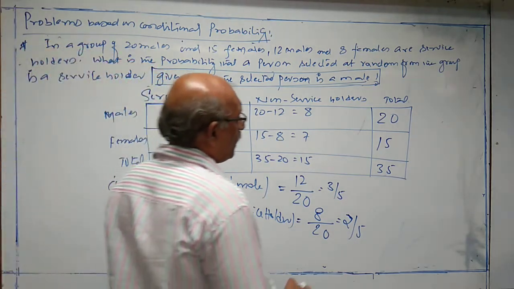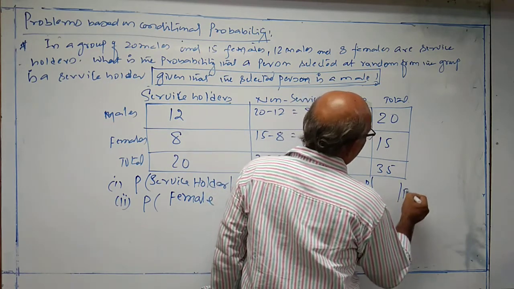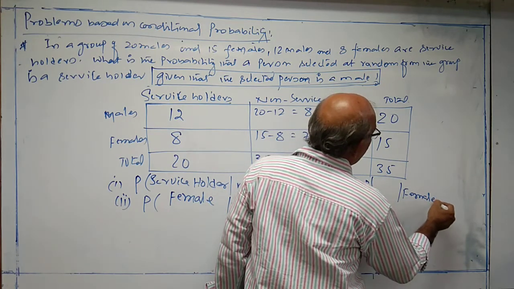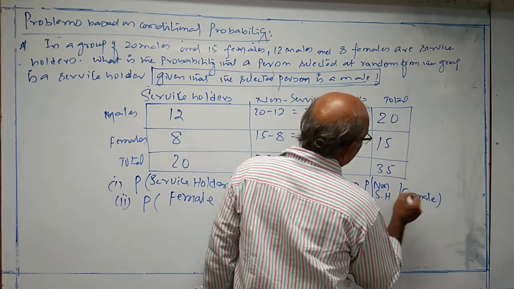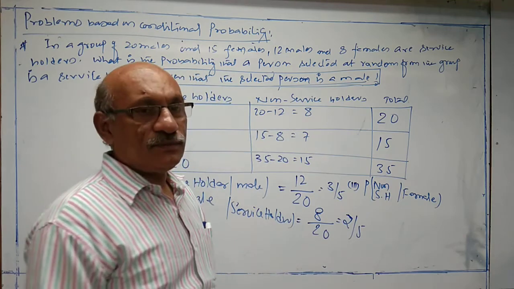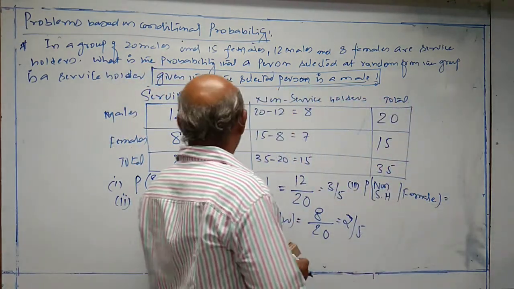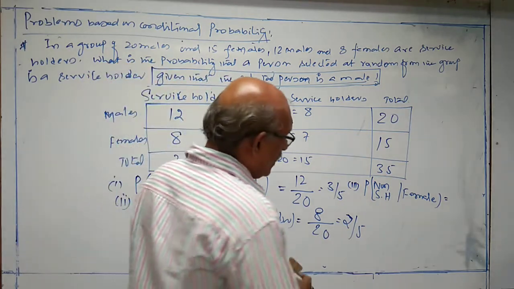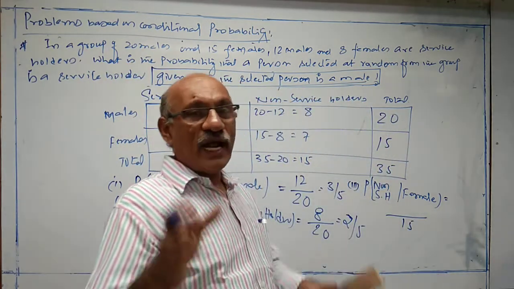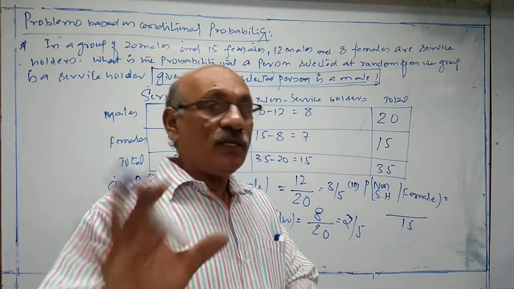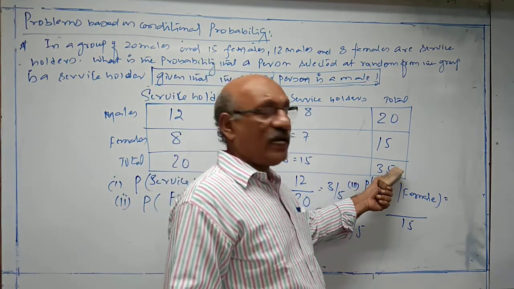Okay. Now you can also add one more question. The probability that the selected candidate is a non-service holder, given that the candidate is a female. Now sir, how many females do we have? 15 females. So you have selected the candidate from 15 females, not from the 35 candidates altogether.